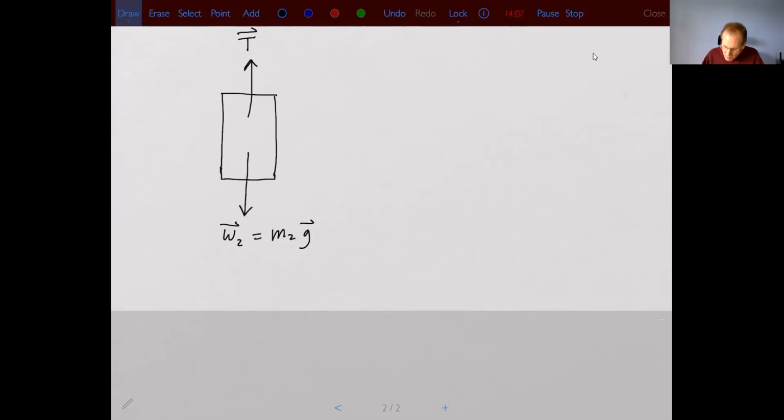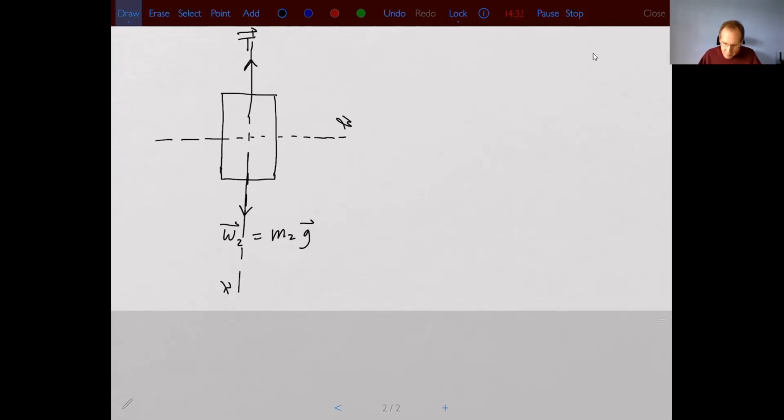Since I know it's going to accelerate downward, I'm going to call that the positive x direction. So if I dash this in here, think of that as my positive x direction. And then the y will just be perpendicular to that. So I've kind of rotated my coordinate system. Okay, so I have positive x going down and then the y going perpendicular.